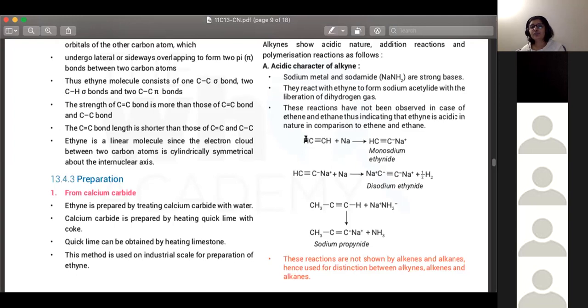But how would you distinguish between an alkene and an alkane? What is the test for differentiating between alkene and alkane? Halogenation test, the bromine water test. Yes, very good.